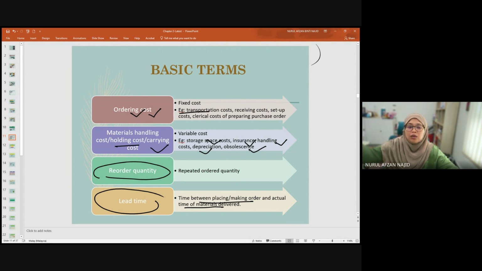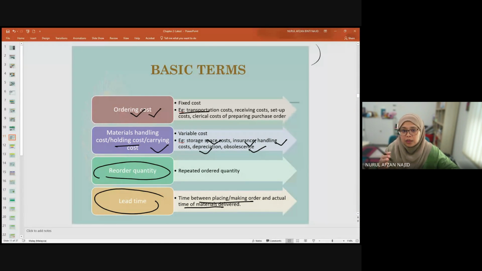Mungkin masa seminggu ke 2 minggu kalau supplier tu jauh kan, mungkin sehari ke 2 hari. So the time tu adalah lead time.